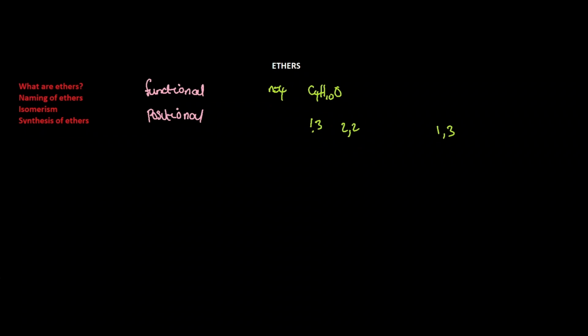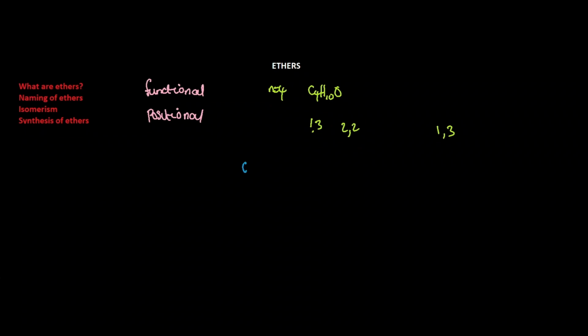The third case is a 1 carbon alkyl and a 3 carbon alkyl. But we already know from our first video that alkyls starting from n equals 3 actually exhibit isomerism. So for propyl, for example, we have propyl and isopropyl. So let's take a look at this.